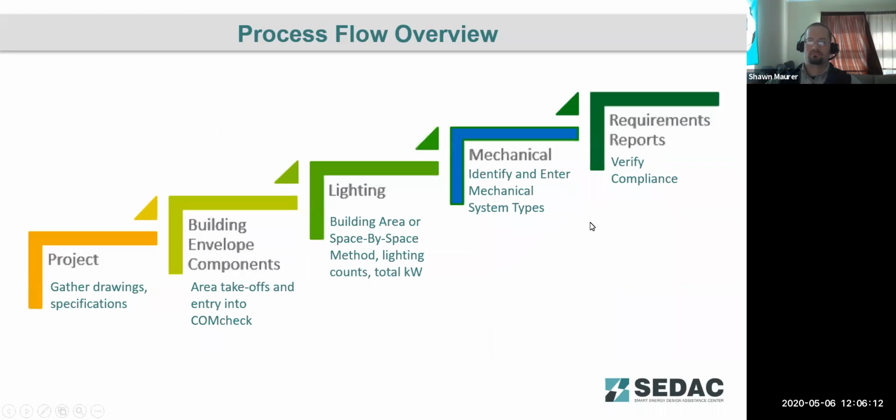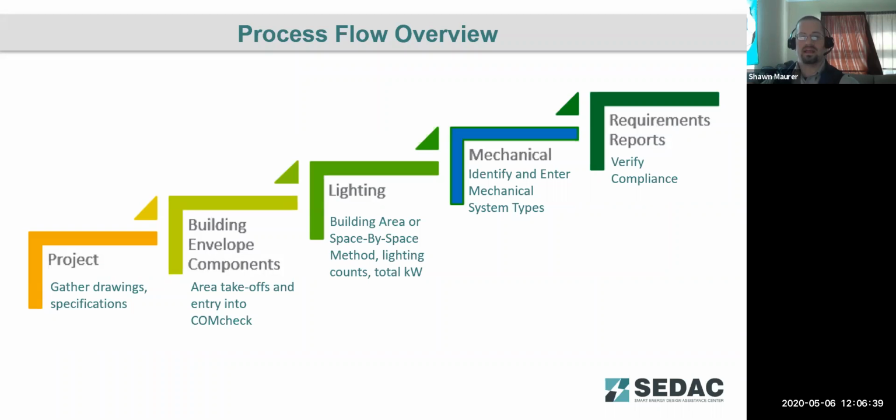The way process flow works in COMcheck, you'll enter some basic project information, things like building type, floor areas, and then you'll move on to building envelope components, putting in the actual areas for envelope components such as fenestration, walls, roofs.